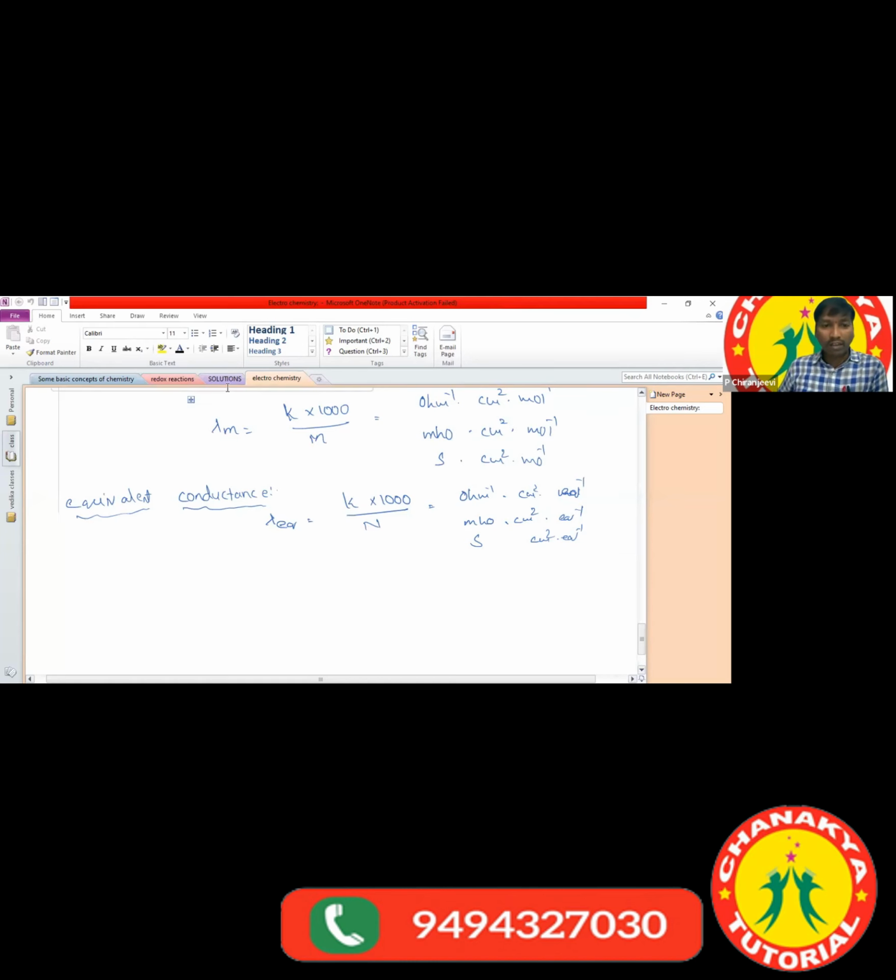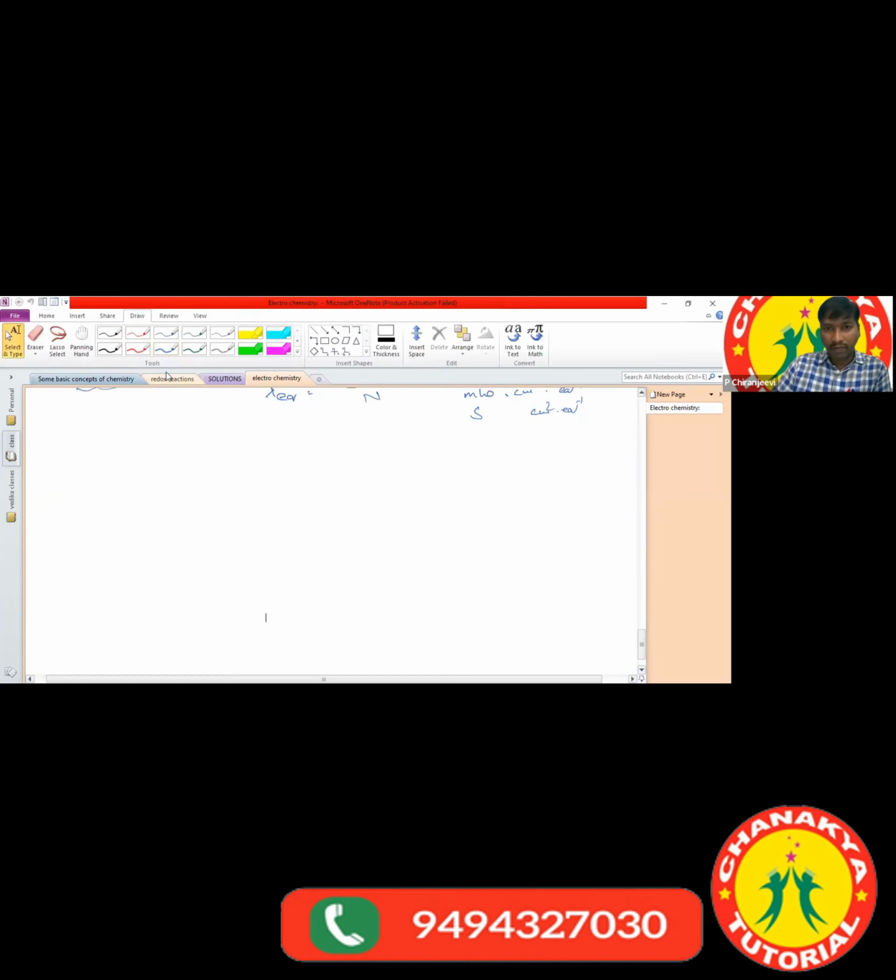This is one more important concept we have here. Factors affecting conductance.